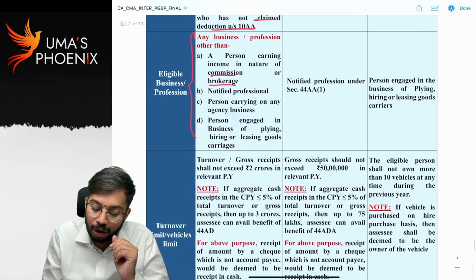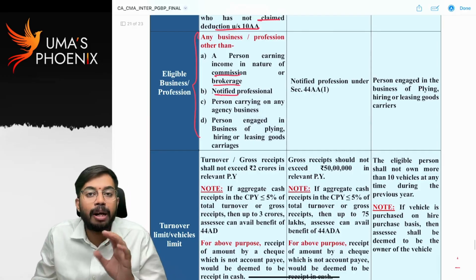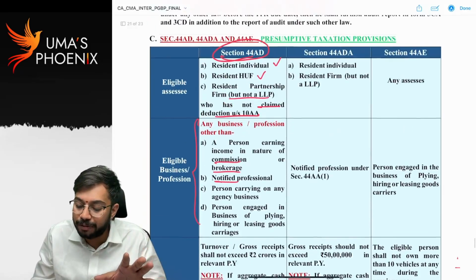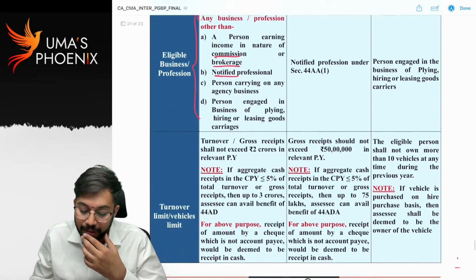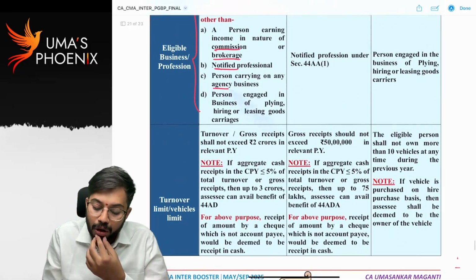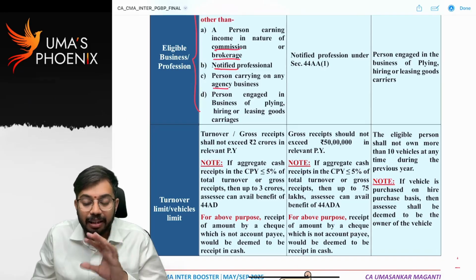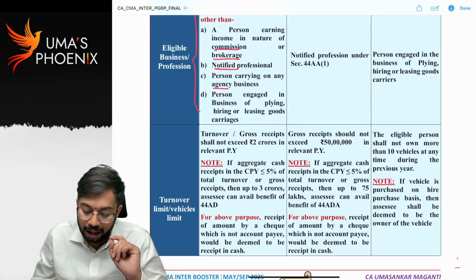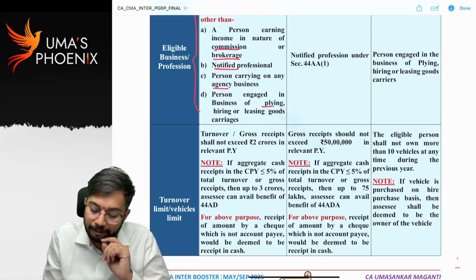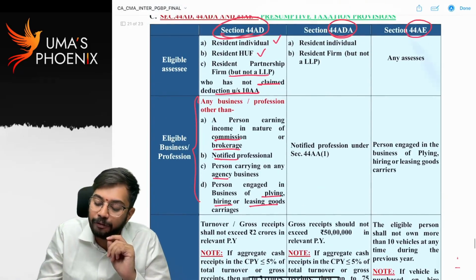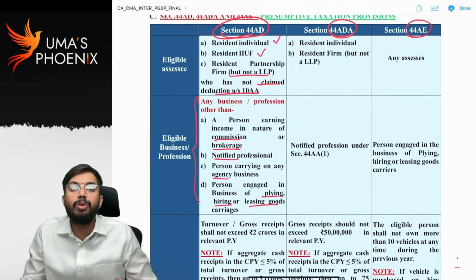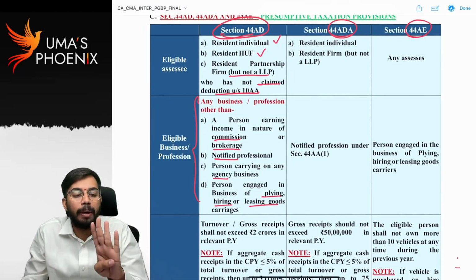Those who are notified professionals also cannot choose, because for notified professionals there is a separate section called 44ADA. Next, those who are doing agency business also cannot choose 44AD. Person engaged in the business of plying, hiring or leasing of goods carriages, because for them a separate section 44AE is there. So who can choose 44AD? 4 people.